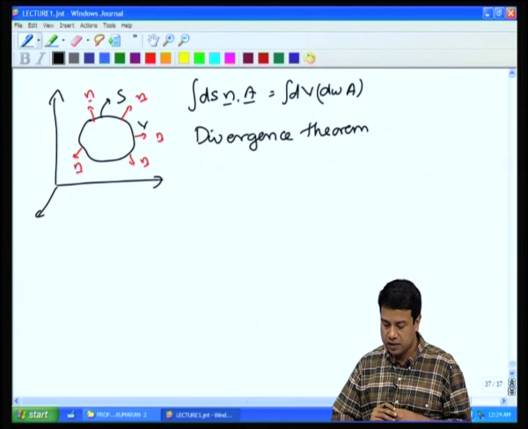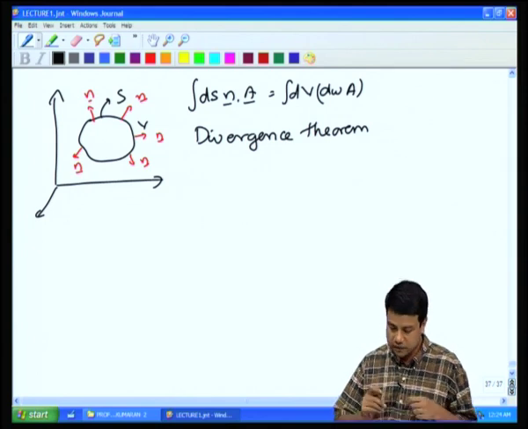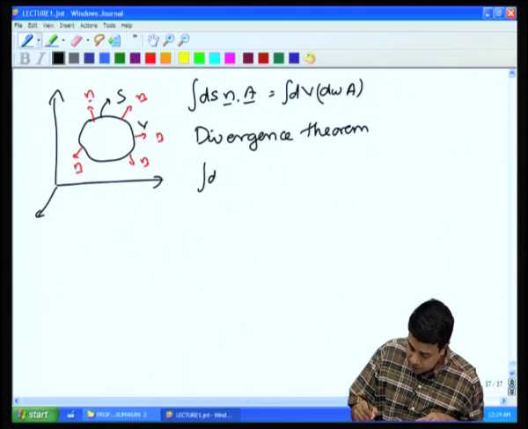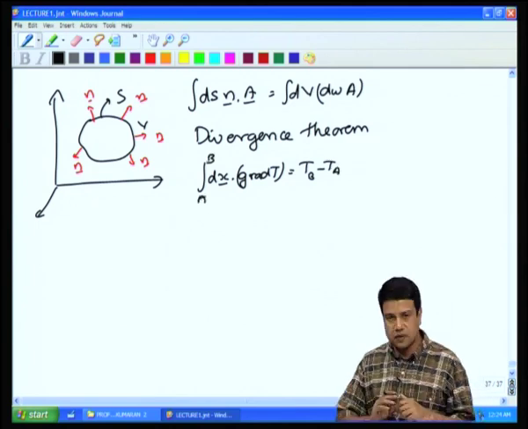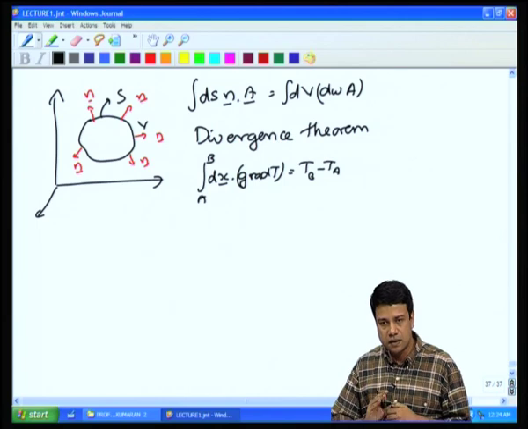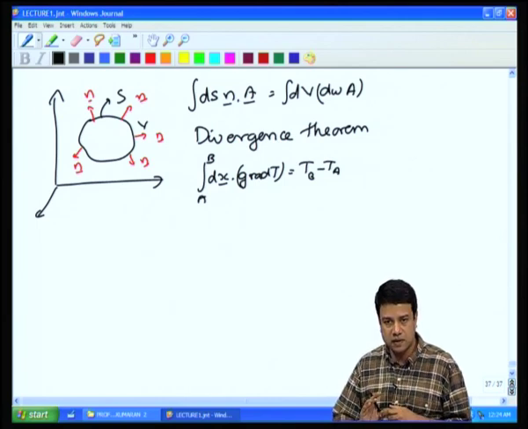If you recall, the integral relation for the gradient was defined as integral dx dot grad T is equal to Tb minus Ta. So, this basically related the integral along a line to the difference in the endpoints.